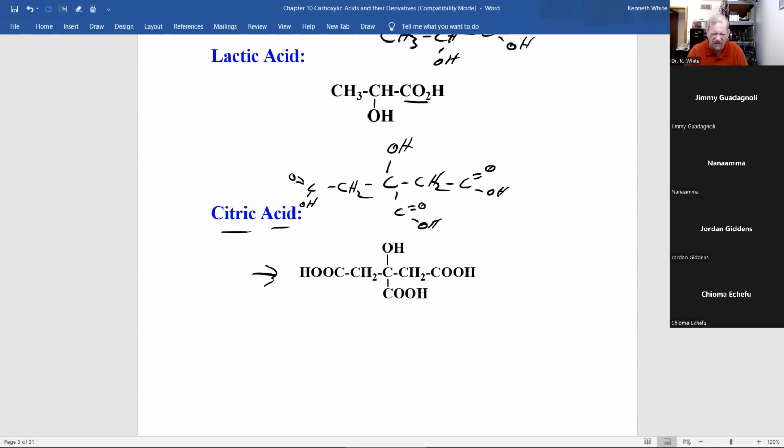What gives the lemon that tartness? That's citric acid. The more citric acid, the more tart something is. Lemons have more citric acid than limes. That's why lemons taste more tart than limes.